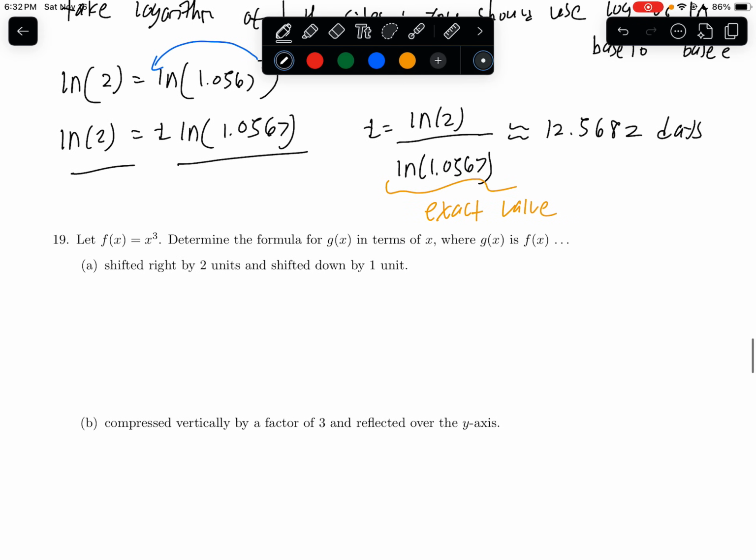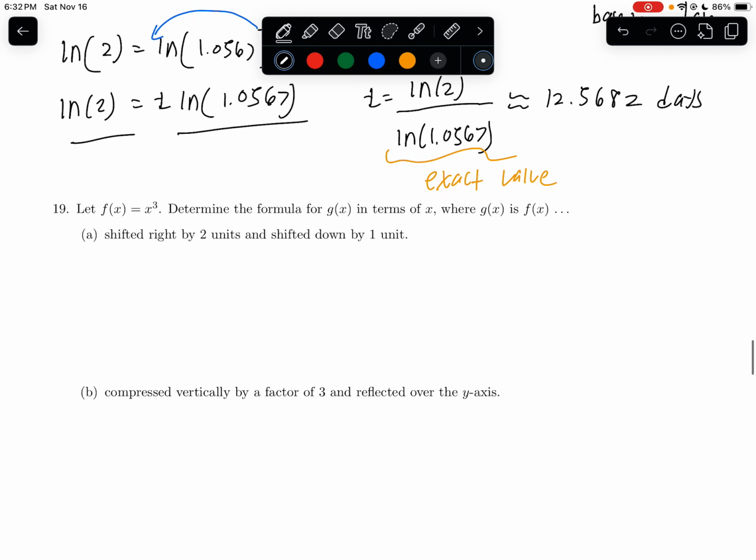Okay, next function. So determine the formula for g in terms of x. So you need to simplify it a little bit, where these are the transformations being applied. So if I want to shift the function right by 2, then I need to subtract 2 from the input. So this is f of x minus 2.